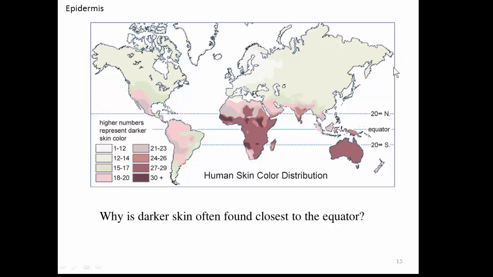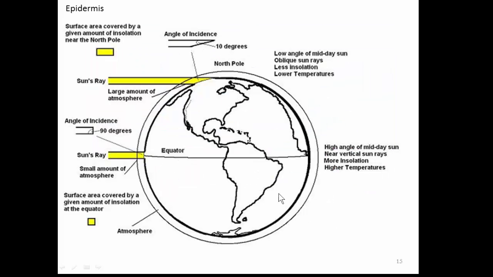So my question to you is, why is darker skin often found closest to the equator? To answer that question, let's take a look at this. Here we have a picture of the Earth, and over here in yellow we can see the angle of the sun's rays coming into Earth.